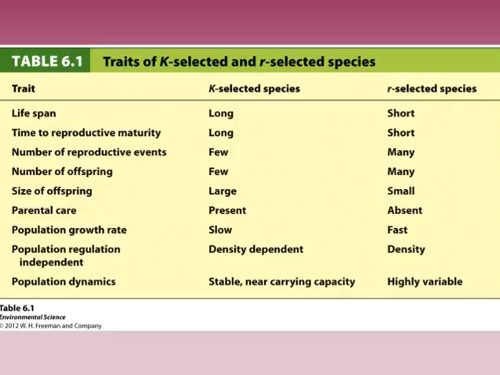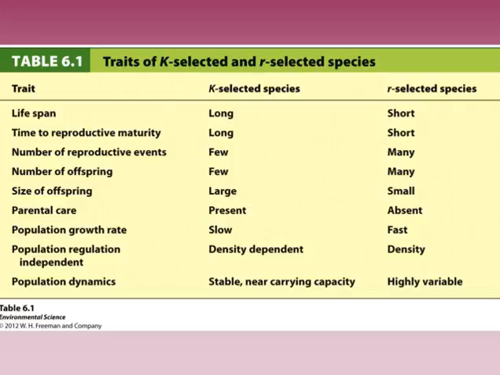So let's use this graphic to identify the different characteristics demonstrated by both K and R selected species. K selected species have a long lifespan. In other words, they live a long time. They have a long generation time, which means that they do not start reproducing until later in life or when they're older. They only reproduce a few times in their lifetime, usually every few years.